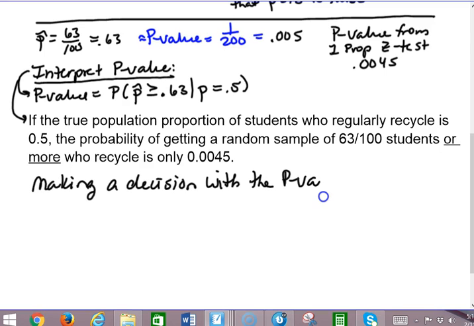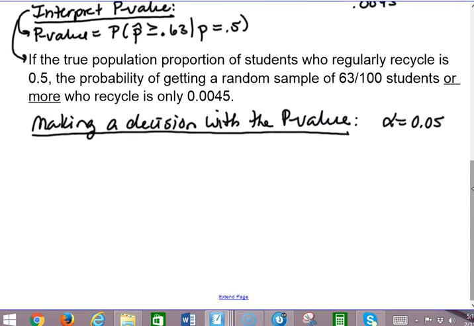When we make a decision with the p-value, we want to always compare it to some significance level, alpha. So let's say alpha is equal to 0.05, 5%. What we do is we compare the p to alpha.